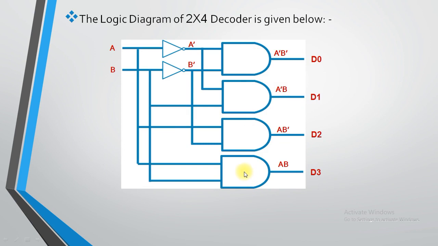Now, what I need to do? I need to write the 4 output variables starting from D0 to D3. D0, D1, D2, D3. These 4 are my output variables. Is that clear to everyone? Now, what is my next step? Now, D0 means what?